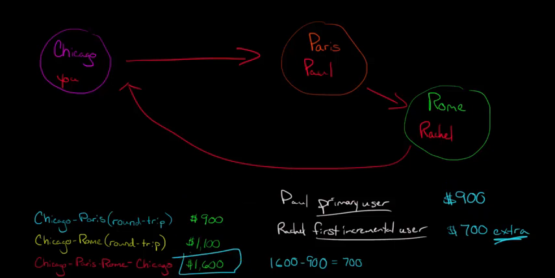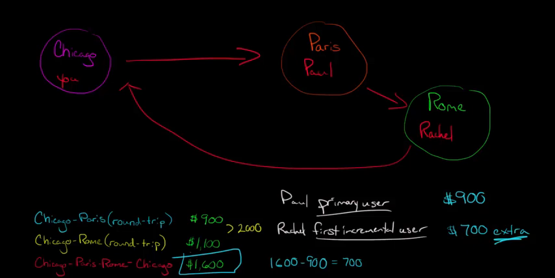The $400 that you saved, instead of paying $2,000, you paid $1,600. So that $400 in savings is being passed to Rachel. Because if you just went Chicago to Rome, it would cost $1,100 to see Rachel. But Rachel is only getting charged this incremental amount of $700.